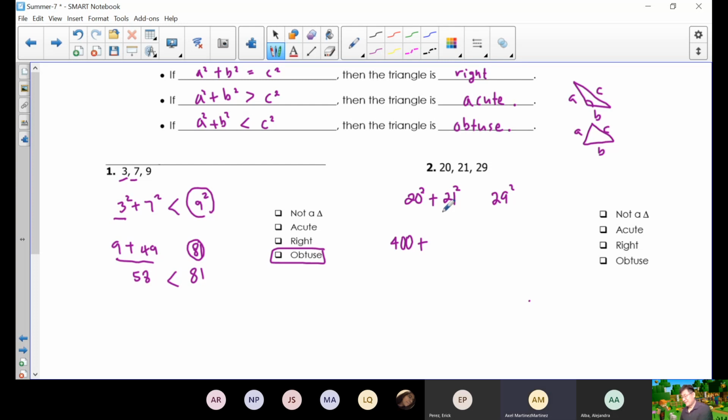Let me calculate. 21 squared is 441. 29 squared is 841. So look, added together it is 841, right? So they are equal. So in that case, what is the answer when they are equal? Equal sign, right triangle.